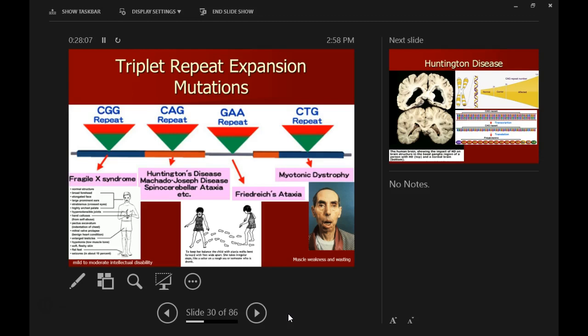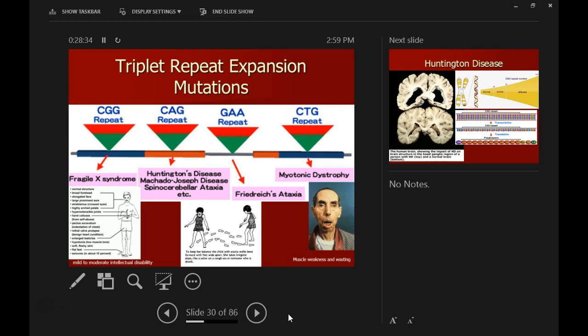Ataxias is people who have a very difficult time keeping their balance. Instead of putting one foot in front of the other, they often go and walk on a wide stance. We have some muscle wasting going on, and these are all caused by these little random triplet expansion repeats.